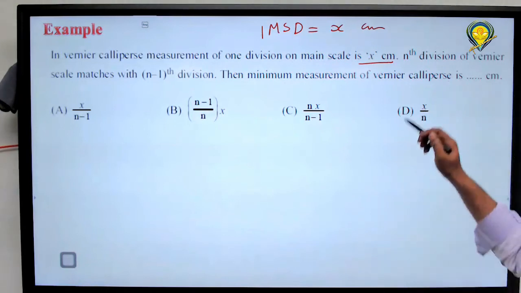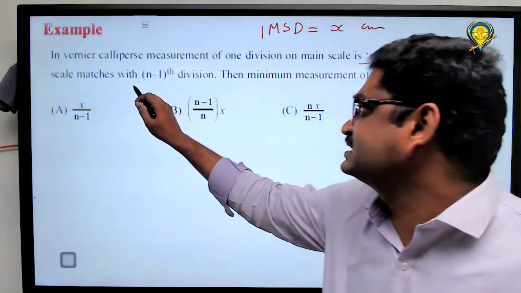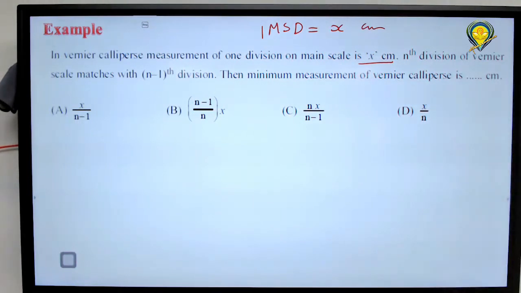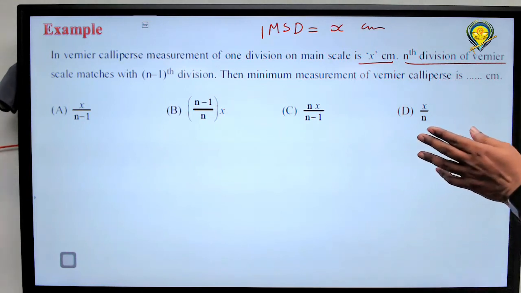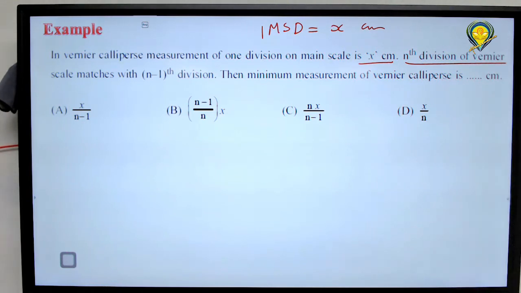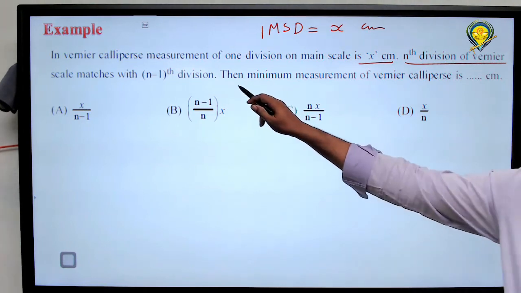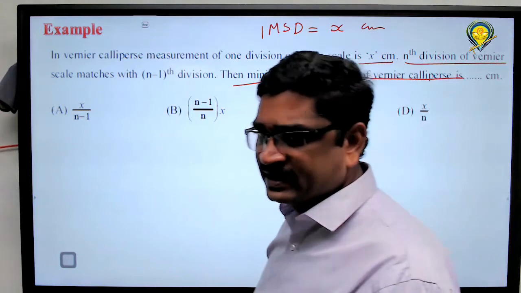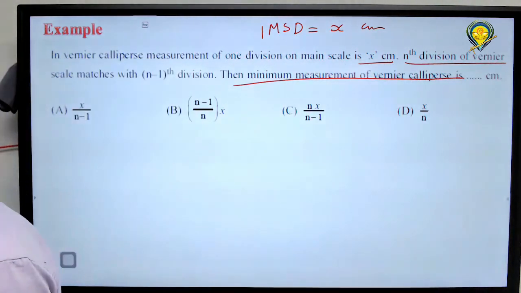Now, nth division of vernier scale coincides with or matches with n-1th division on main scale. Then minimum measurement of the vernier calipers. Minimum measurement is nothing but a least count. What is the least count in terms of centimeter?